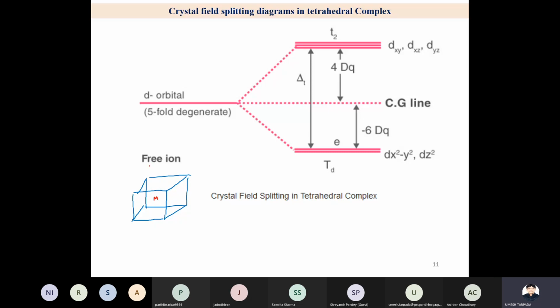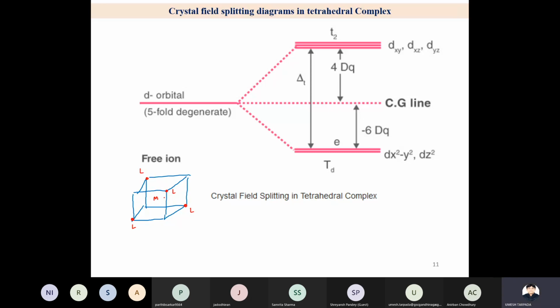So in the tetrahedral geometry, one ligand is here, second one is here, third one is over here, and fourth one is here. So these are the four ligands. Look at here, this is the metal and these are the positions of the ligands.